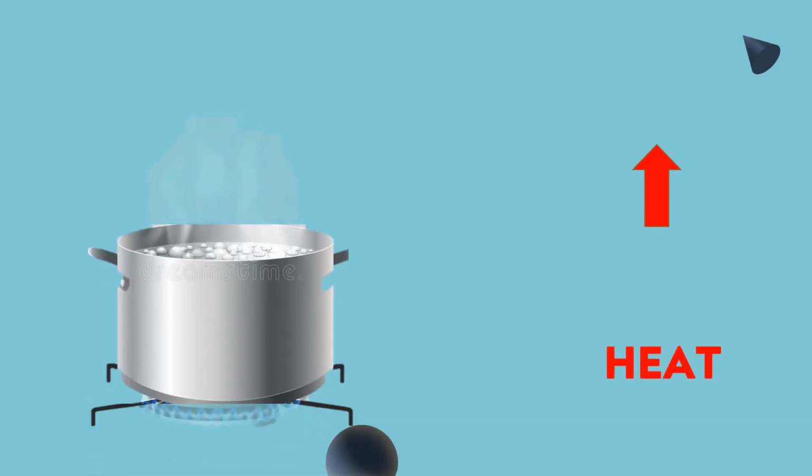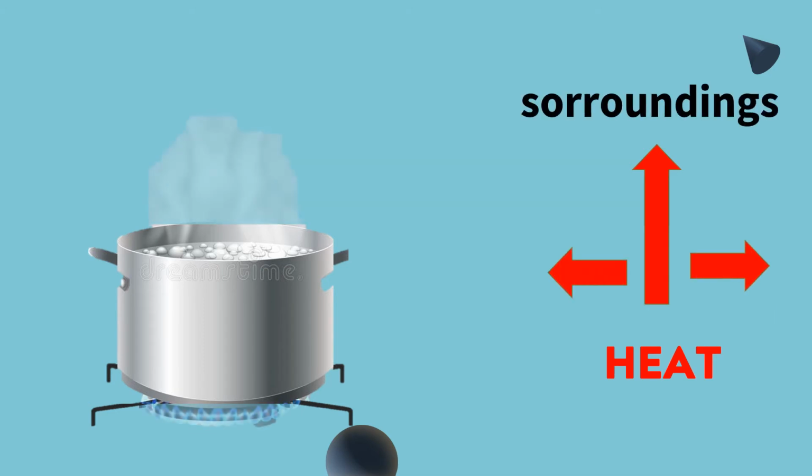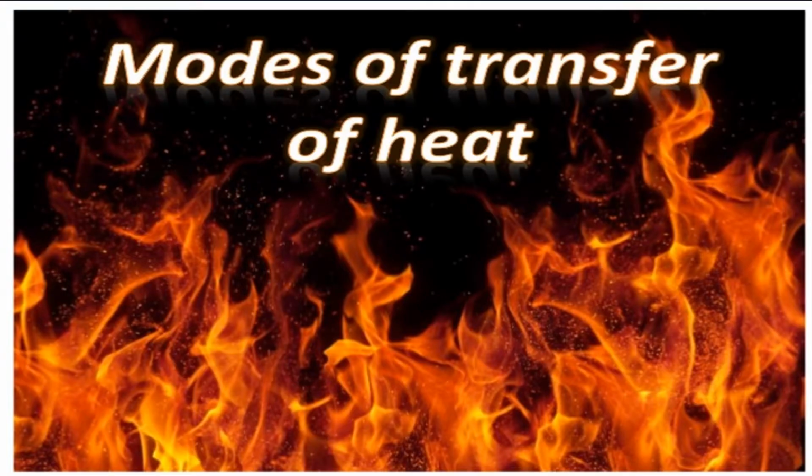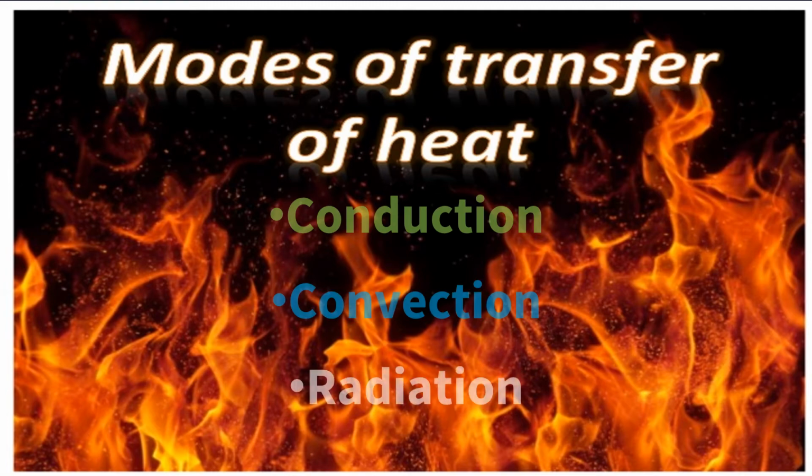When the heat is transferred to the surroundings, it now becomes the process of radiation. Based on the given samples, there are three modes of transfer of heat. Those are conduction, convection, and radiation.